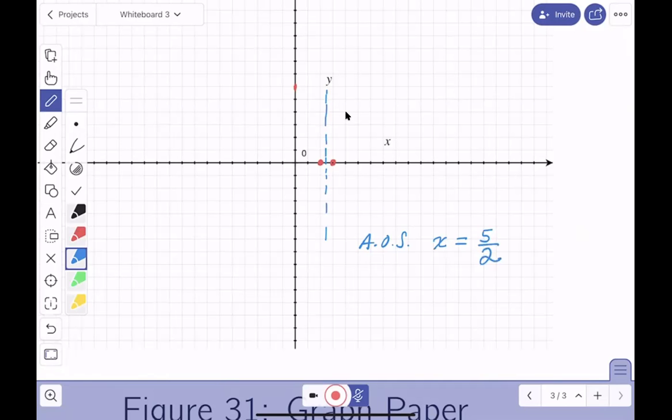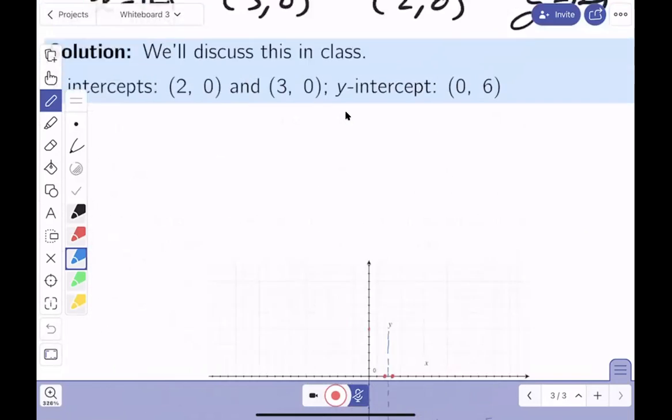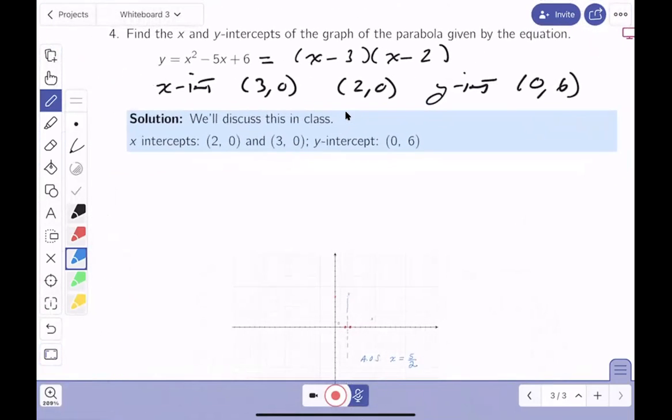What's the vertex going to be? Well, it's going to be when X is 5 halves. And again, I'm just thinking now. And this is number 4, I'll write this down. So Y equals, and again, I'm not saying they asked the question. I'm saying I want to make sure I can review this.